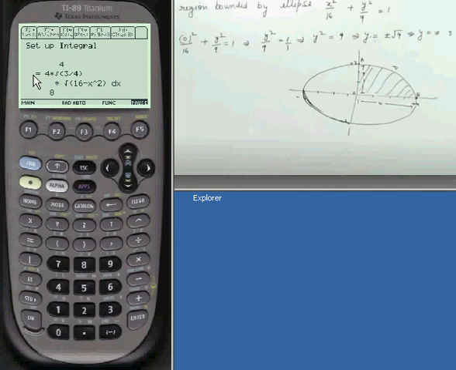We're going to set up our integral: 4 times the integral from 0 to a, which is 4, of 3/4 times the square root of 16 minus x squared dx. Constants always come out of the integral, 4 times 3/4, and we multiply the constants, which turns out to be 3.